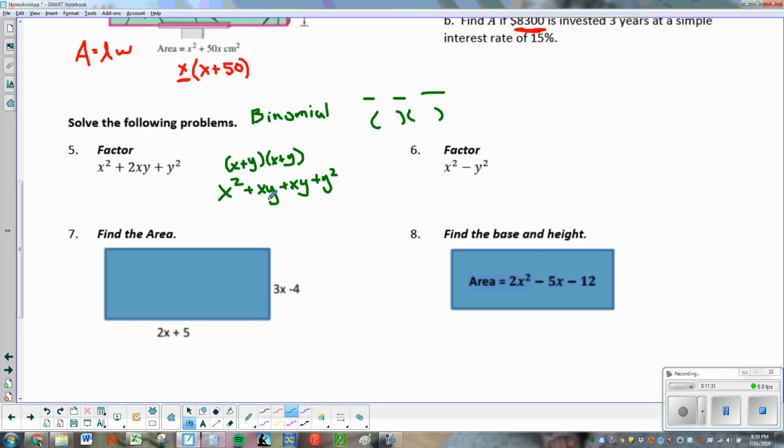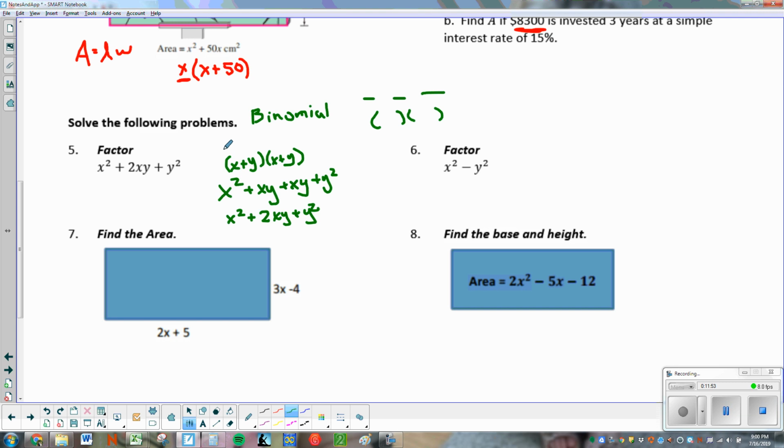Now if we combine my terms here, I have one xy here and another xy here. When I add those two together, I will get two xy's, plus my y squared.